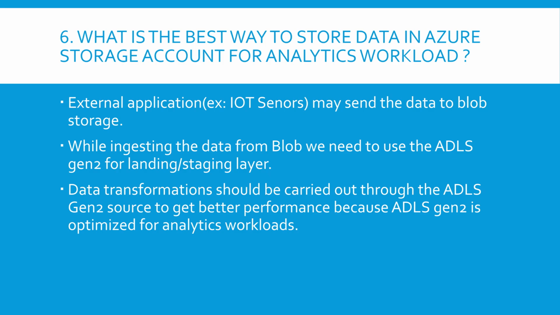As I said earlier, compute costs are high for blob storage, and you also need faster performance in big data. For that purpose, you have to use ADLS Gen 2. So once you ingest the data from blob to ADLS Gen 2 in a standard staging or landing layer, from there you can do the transformations, since ADLS Gen 2 is optimized for big data workloads.